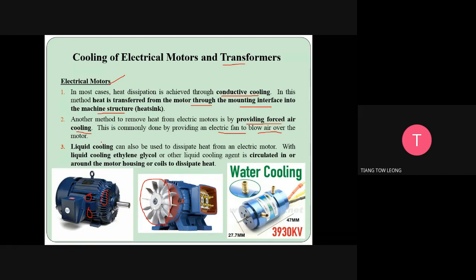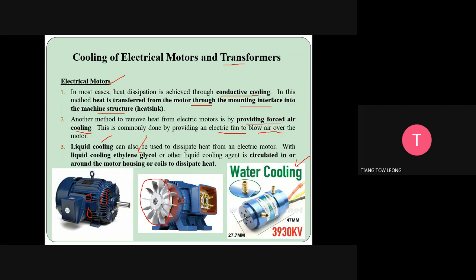Liquid cooling can also be used to dissipate heat from the electrical motor, for example, by using water cooling. With liquid cooling, ethylene glycol or a liquid cooling agent is circulated in or around the motor housing or coils to dissipate the heat.